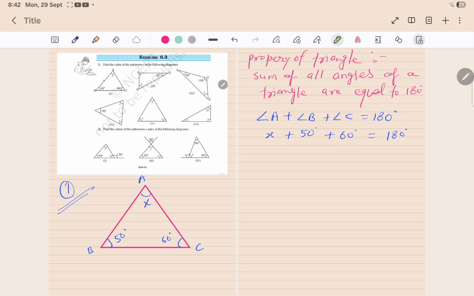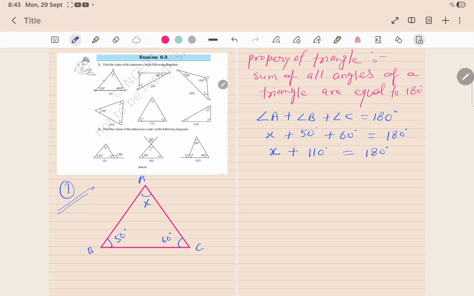We know that 50 plus 60 equals 110 degrees. So x plus 110 degrees equals 180 degrees. 110 is a plus sign, but when transferred to this side it becomes a negative sign.